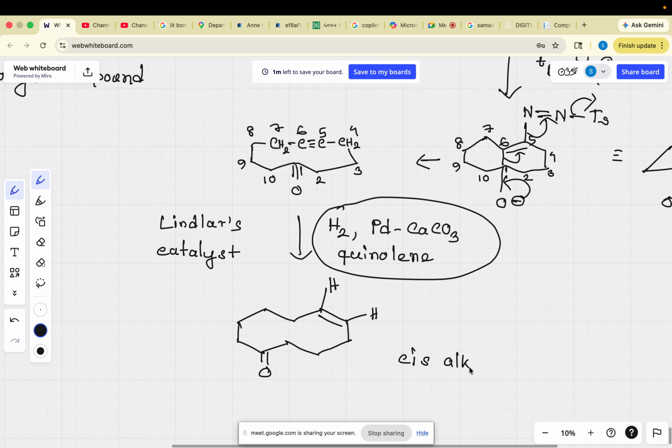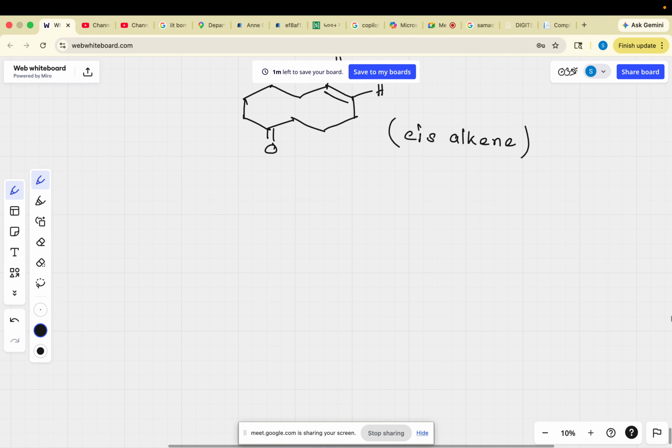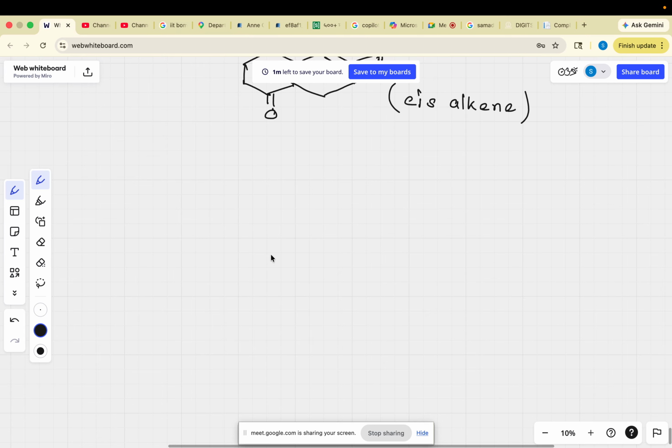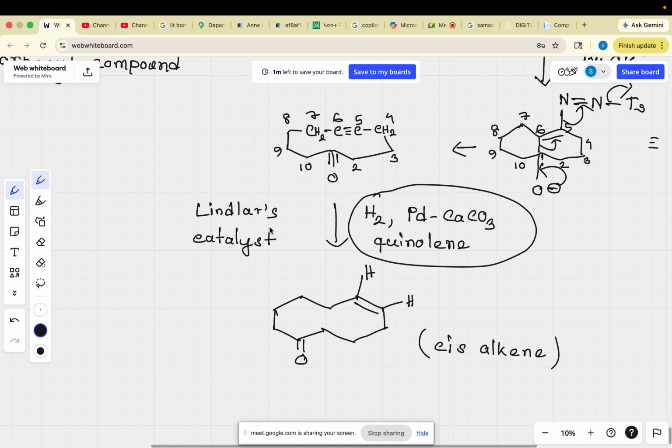And how to get trans alkene from triple bond, from alkyne? What is the reagent for trans alkene? Birch reduction, sodium liquid ammonia. And apart from Lindlar's catalyst, what can we use to get cis alkene?